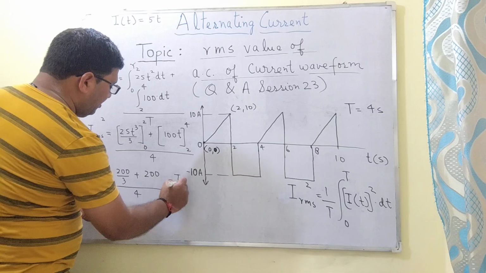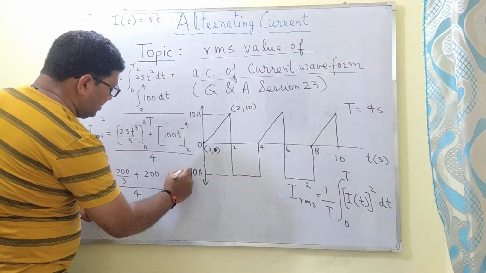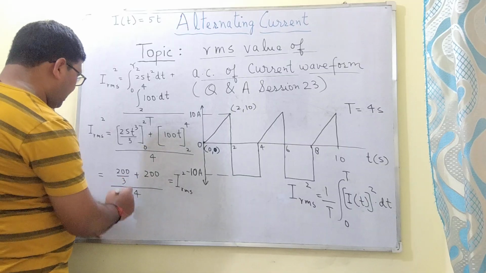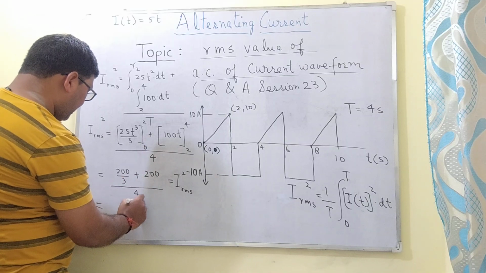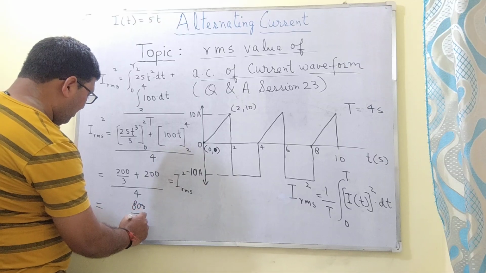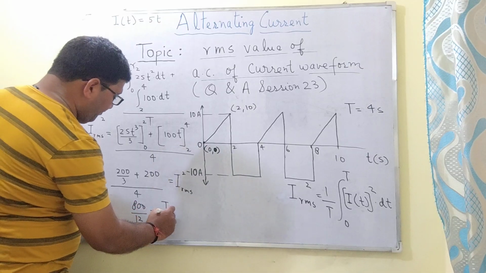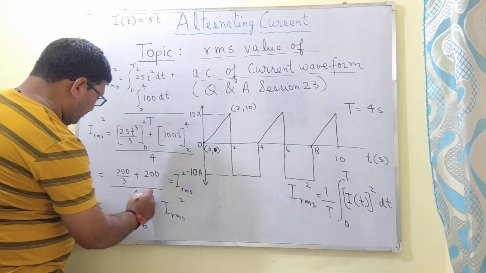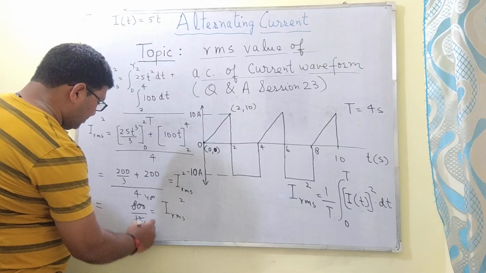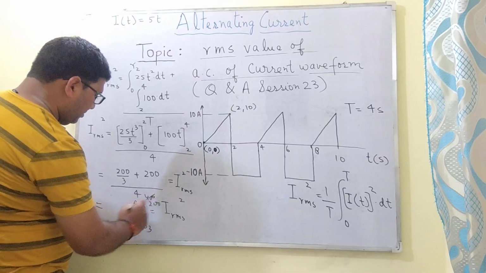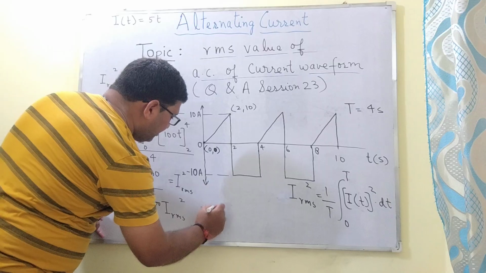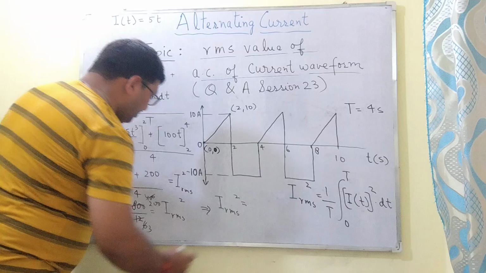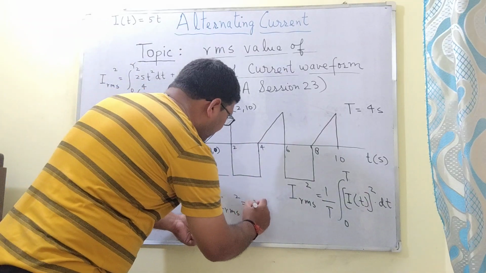So this is equal to I RMS whole square. This is equal to 600 plus 200, 800 upon 12, which is equal to I RMS whole square. So it implies that I RMS whole square is equal to 200 upon 3.